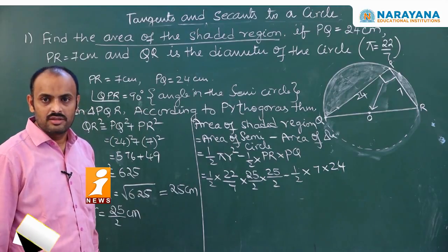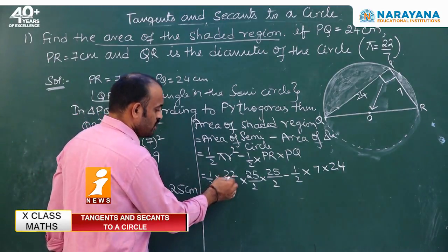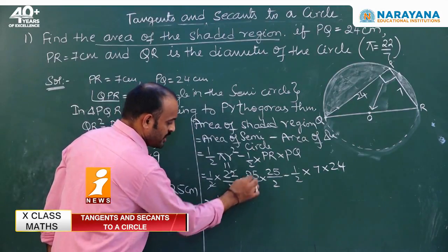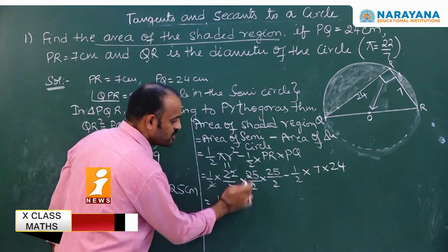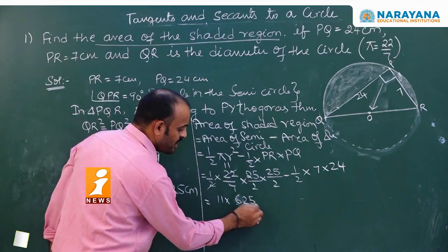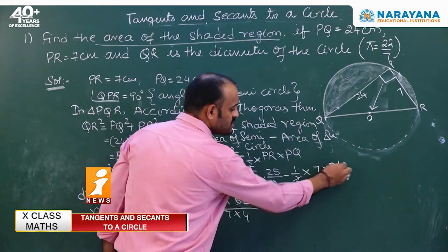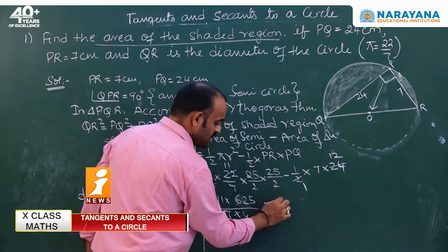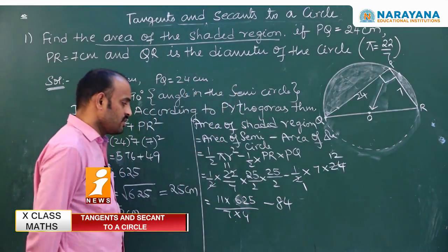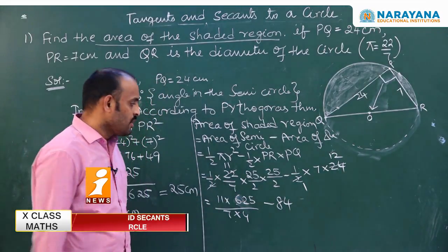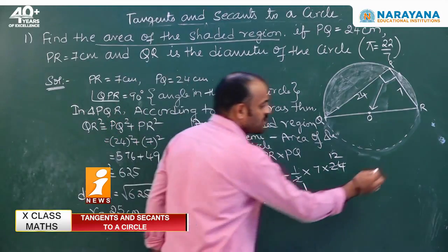Now 2 11s, 11 into 25 by 2 into 25 by 2, 7 into 4 minus 2 1s, 2 12s, 7 12s are 84. I will multiply these two and I will multiply these two and then I will divide. 625 into 11.